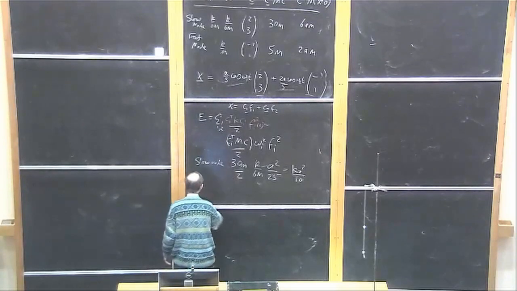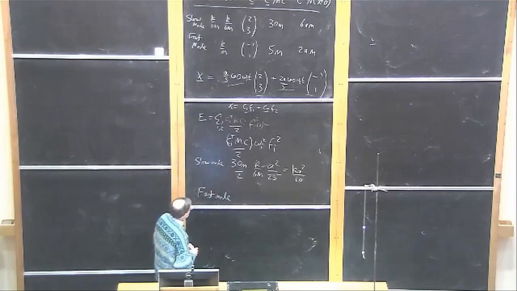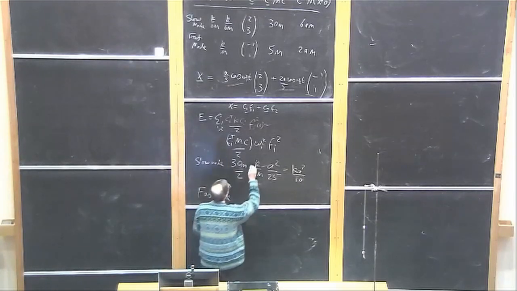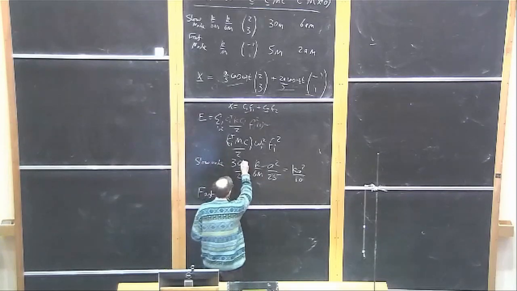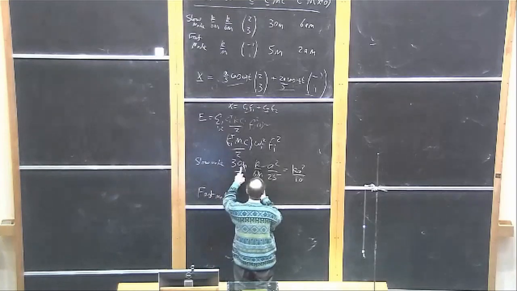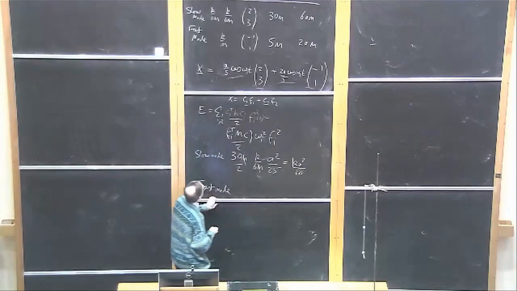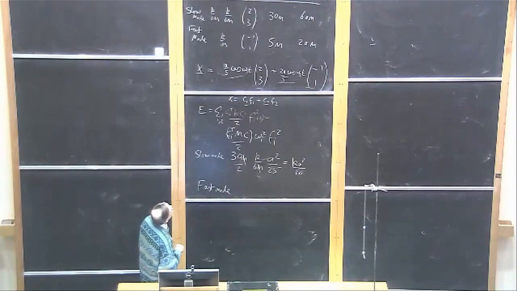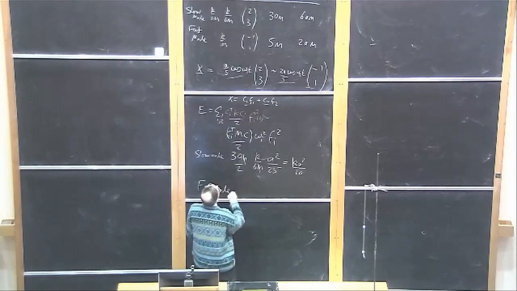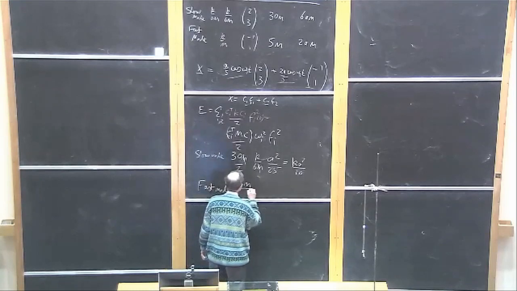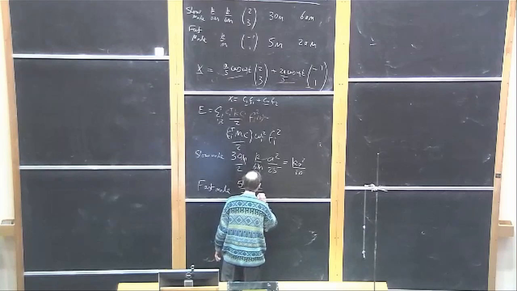And for the fast mode, yeah, that's right, M. So the M's cancel there, of course. So that's a squared, yes, that's right, k squared over 10. So for the fast mode, we get that is 5m over 2. Omega squared is k over m.